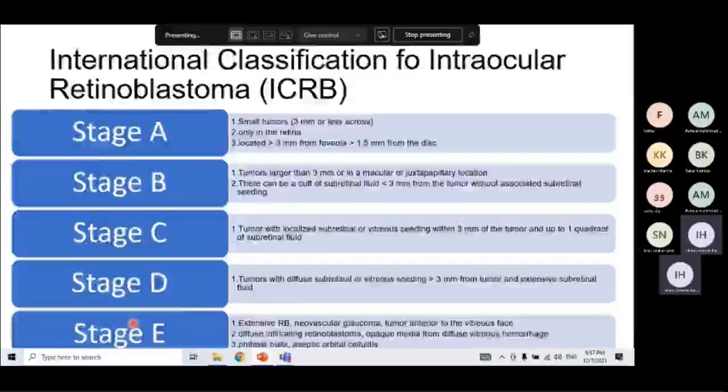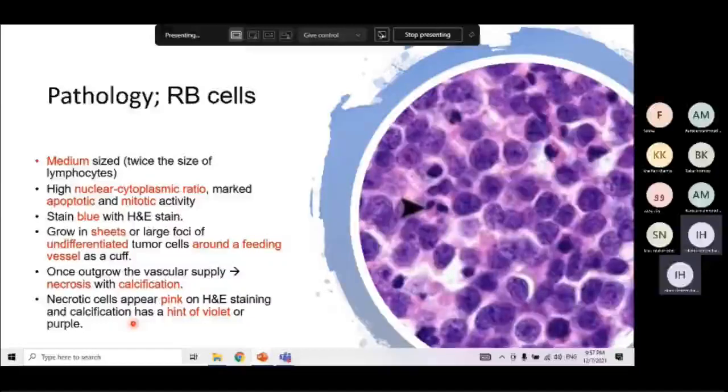I need to talk a bit about the histopathology of retinoblastoma. It's formed of what we call retinoblastoma cells, like this one. Usually it's a medium-sized cell with the features of malignancy, like a high nuclear cytoplasmic ratio. This means that the size of the nucleus is large in relation to the size of the cytoplasm.